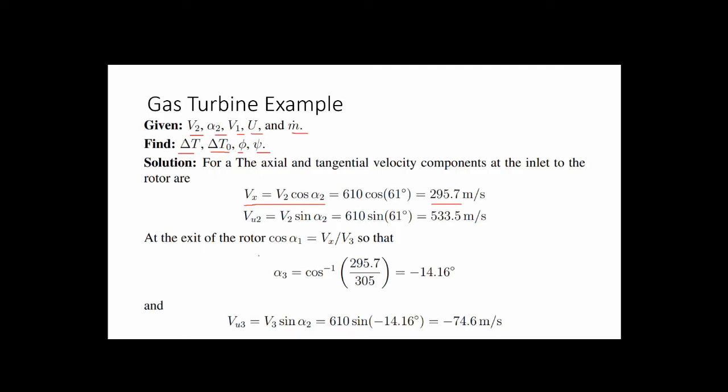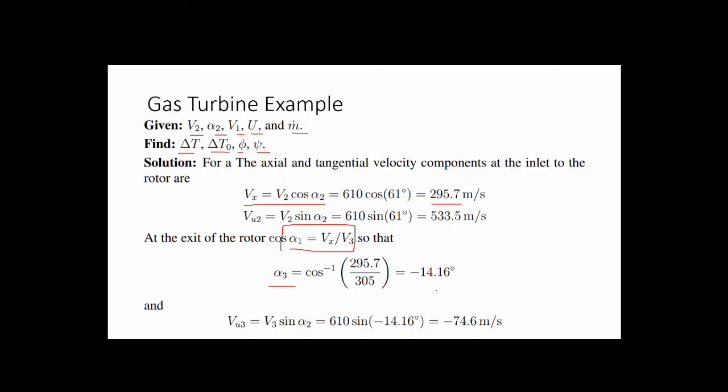At the exit of the rotor, cosine alpha 3 is equal to Vx over V3. So if you want to find alpha 3, we can use the inverse cosine of 295.7 over 305.